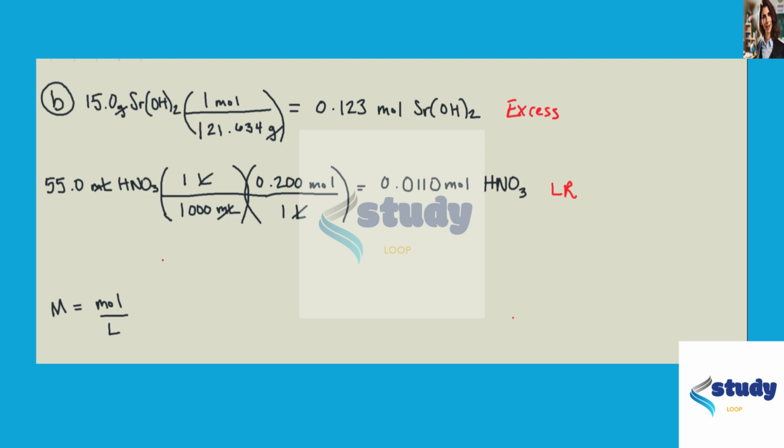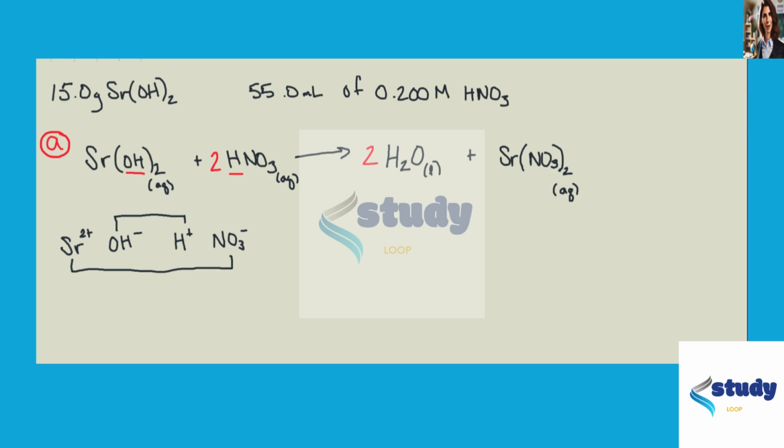So I do a conversion. We have 0.0110 moles of HNO3, and we want to convert that into strontium hydroxide. That's going to tell us how much strontium hydroxide we use in the reaction. If we look back to the first page, we know that this is a 2-to-1 ratio.